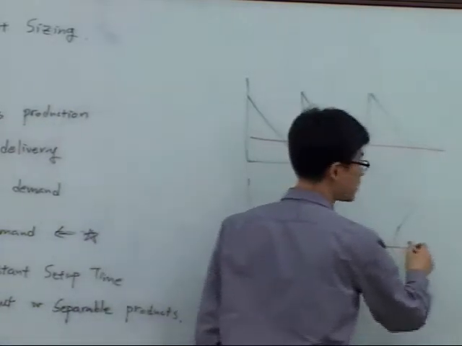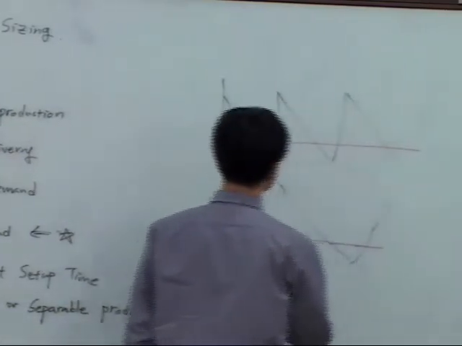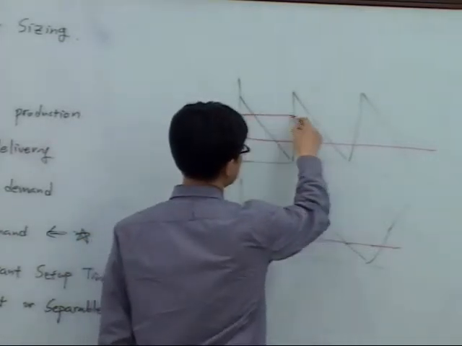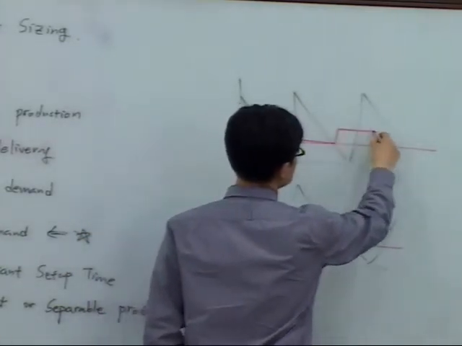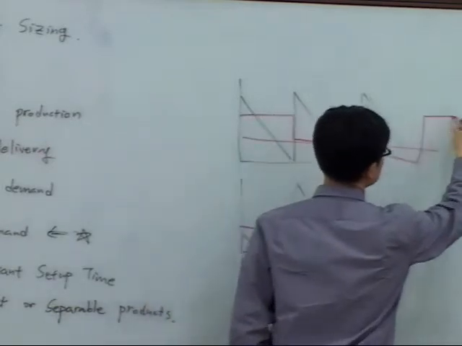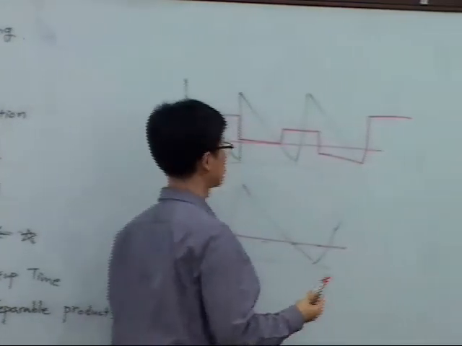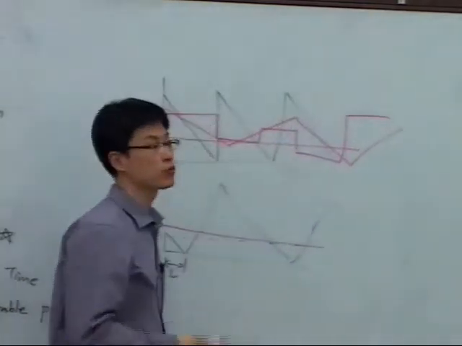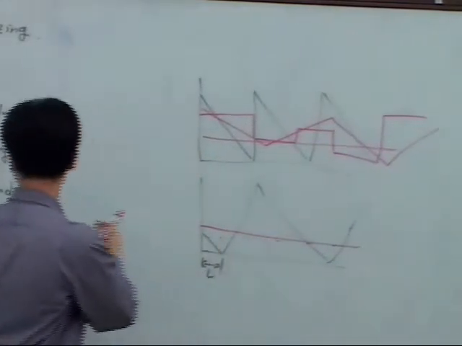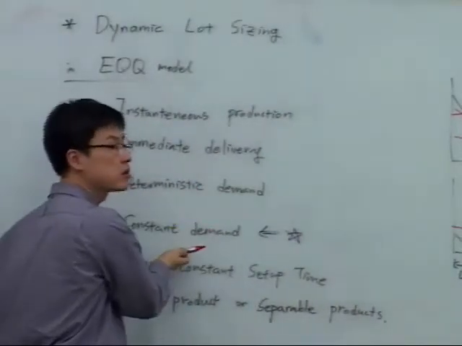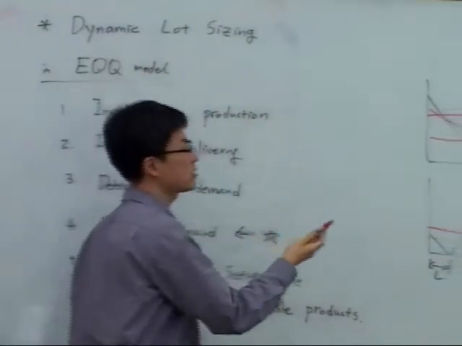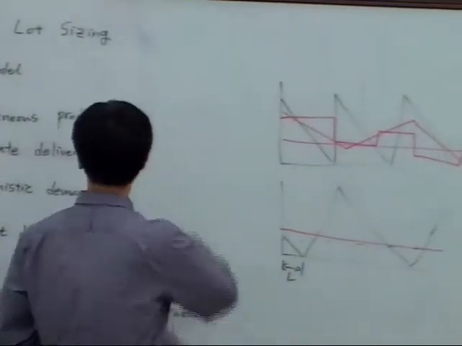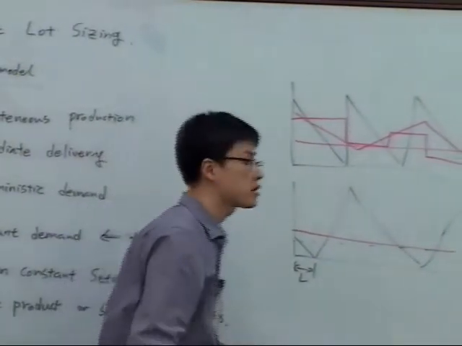But for dynamic lot sizing, D can be non-constant, but we know the value. So it's deterministic but non-constant. How can we deal with this? That's all about dynamic lot sizing.